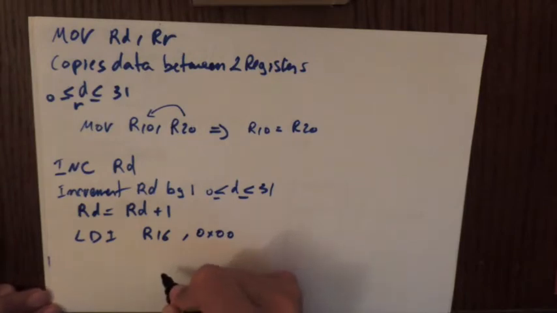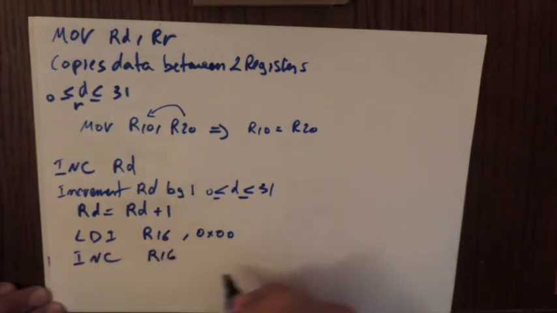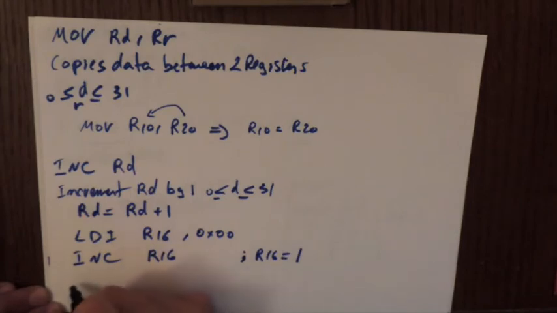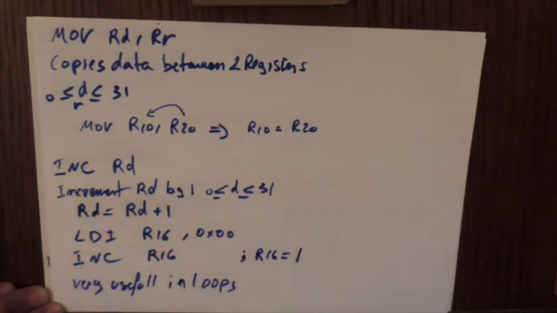So I place 0 inside R16, and then I do increment R16, and this makes R16 equal 1. So this is very useful in loops and other programs. Of course, as we have increment, we have decrement, which subtracts 1 from RD.